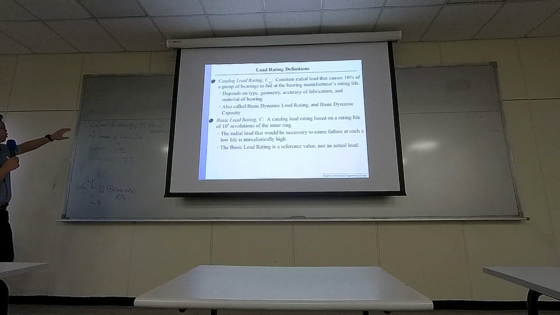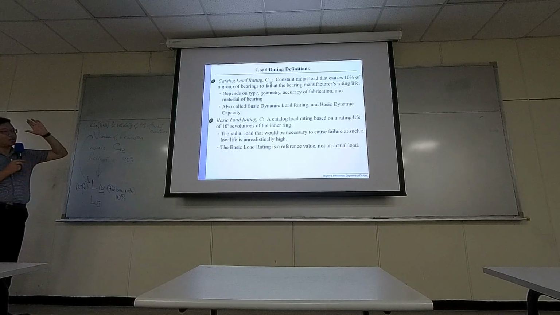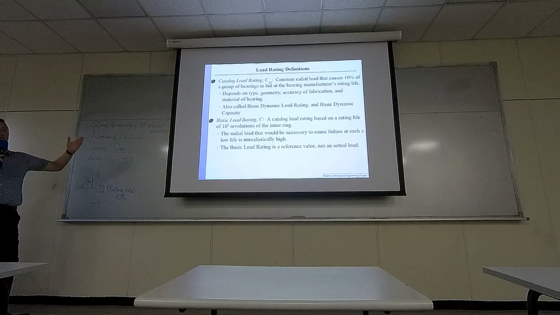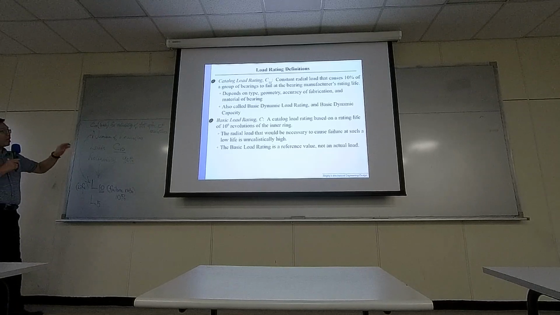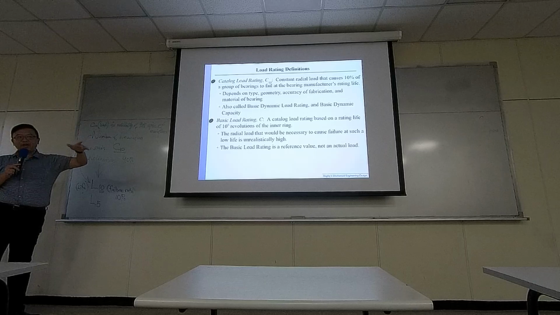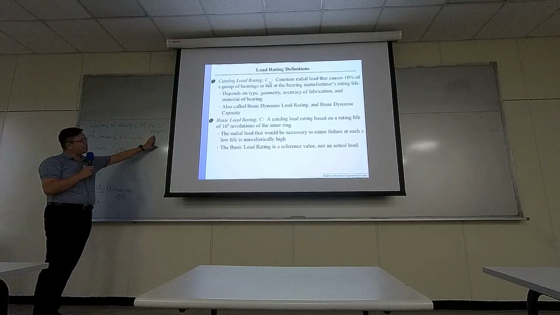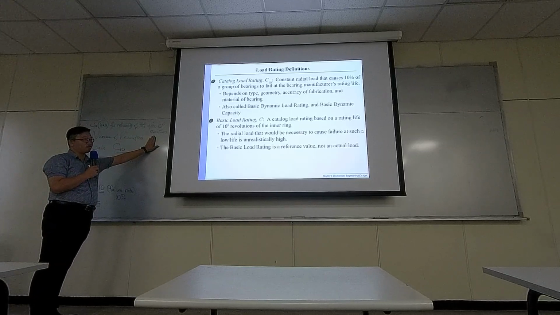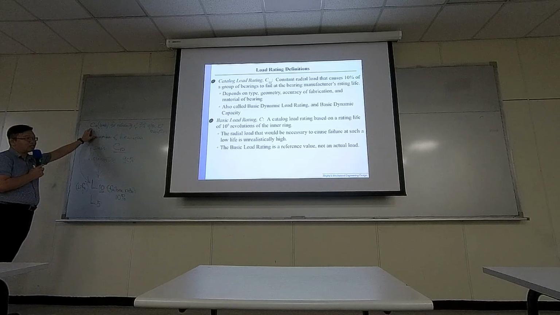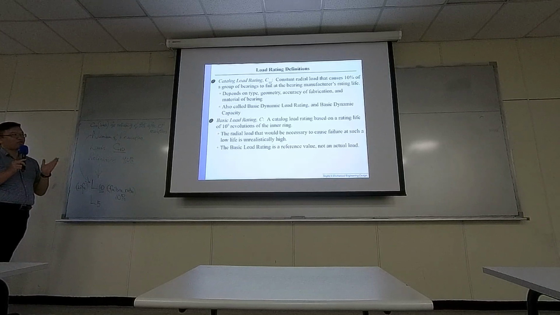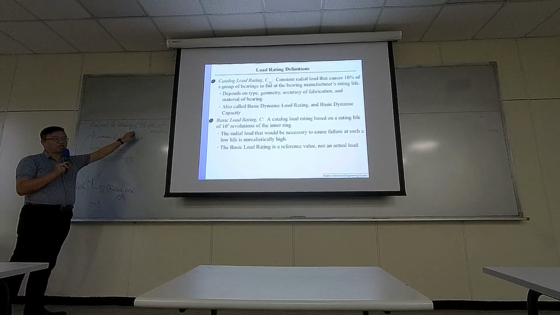So it's like, if you have 1,000 parts, 1,000 pieces of the exact same bearing, after all of them have been working for 10 to the power of 6 revolutions under the loads of C10, these 1,000 pieces will have a reliability of 90%.